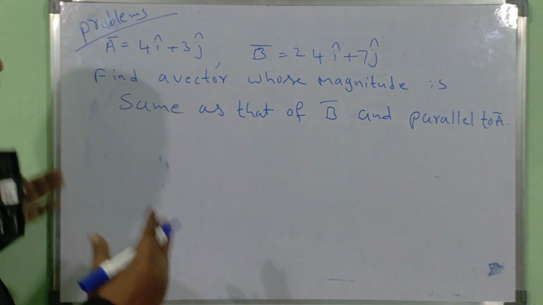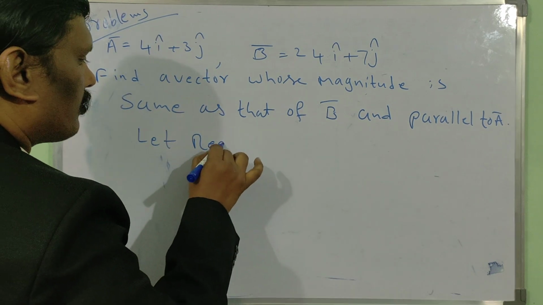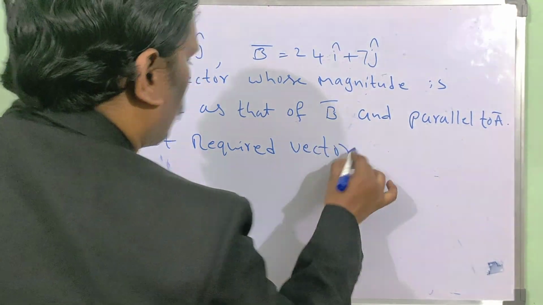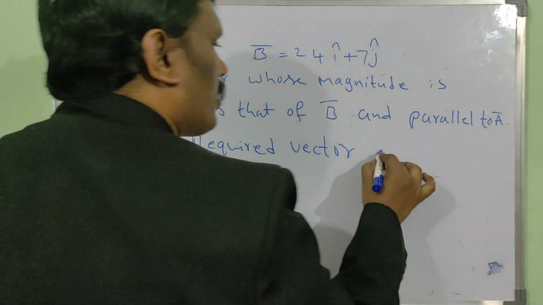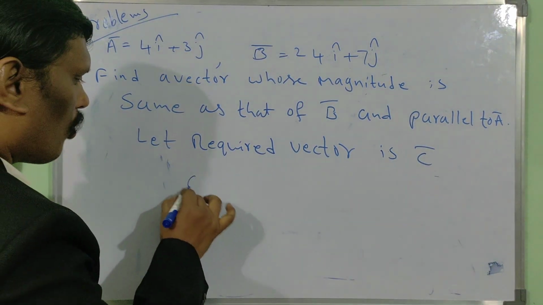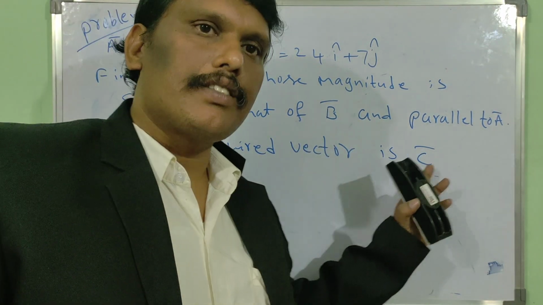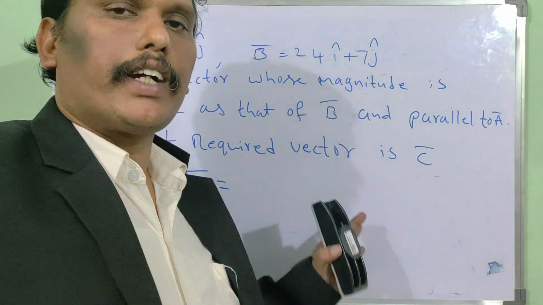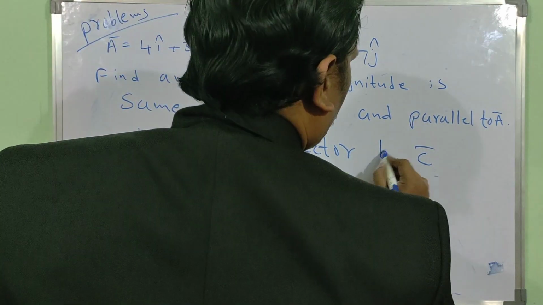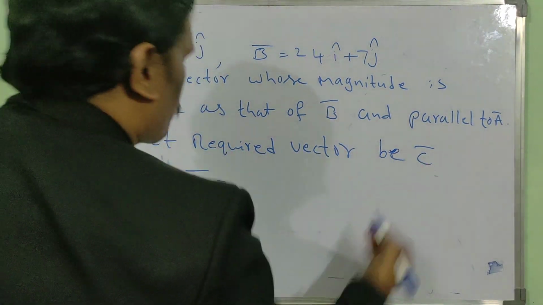So my new vector I am going to consider as C bar. Let the required vector be C bar.